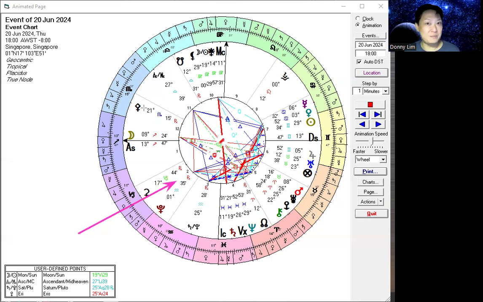So connecting with like-minded people, attitudes to social reform, long-term hopes and dreams and aspirations, and also gaining friends and fans are somehow linked to financial stability, defining personal values, and also accumulating possessions, which is a form of object attachment. That is the domain of the 2nd house.